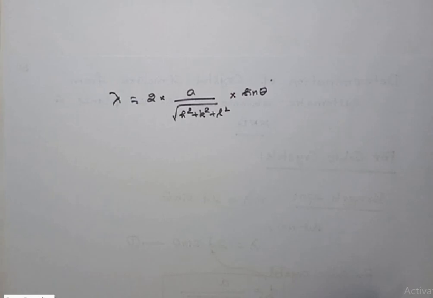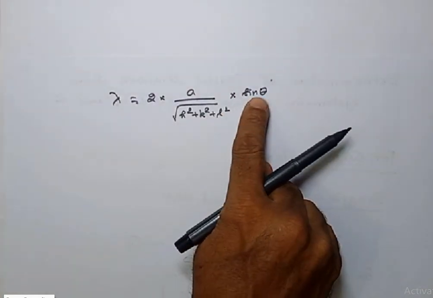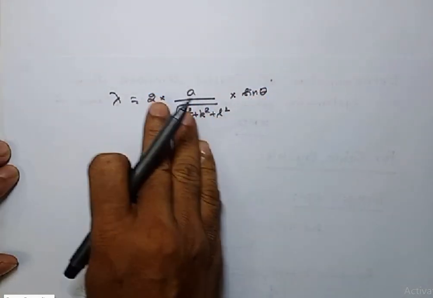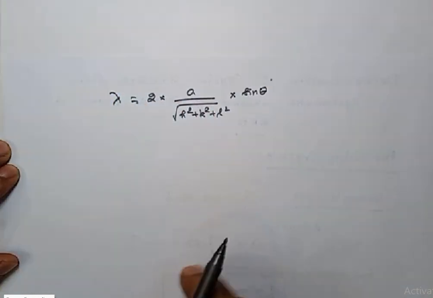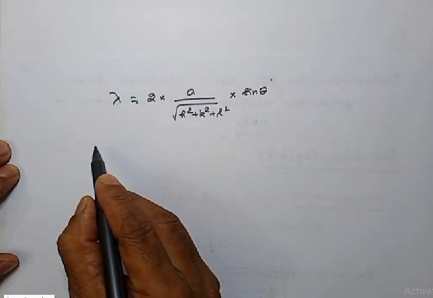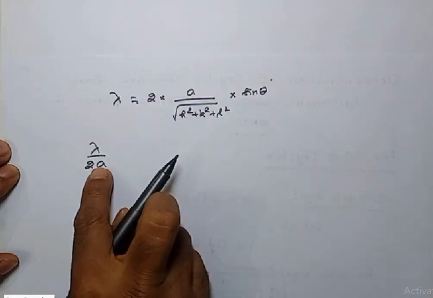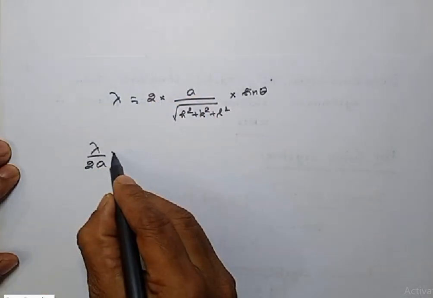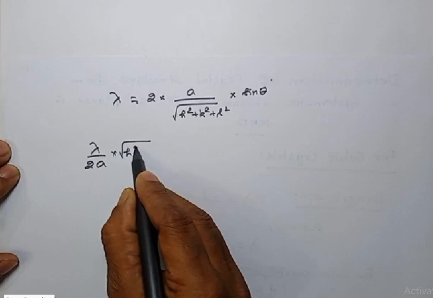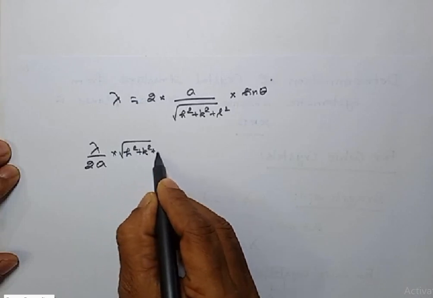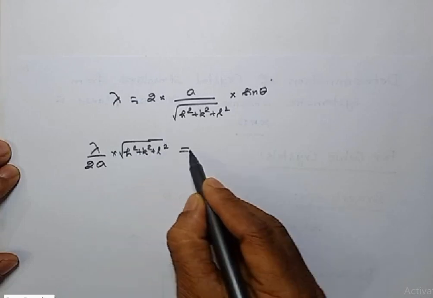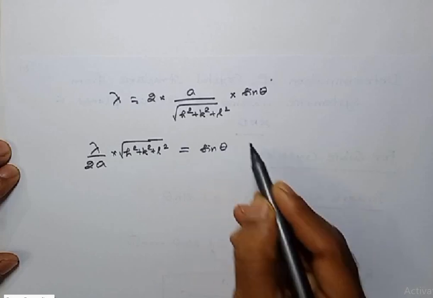Now I'll keep this angle on one side and bring the remaining term to the left hand side. So what we get is lambda by 2a, into square root of h square plus k square plus l square is equal to sine theta.